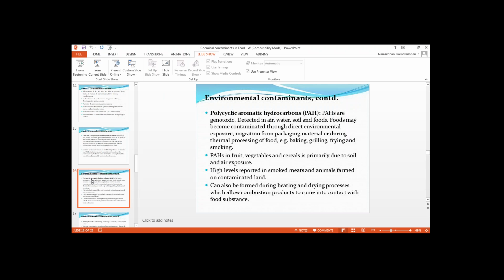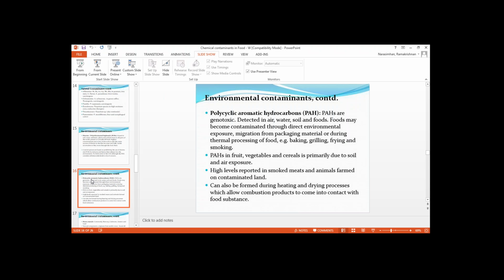Okay. And where can you find these chemicals? PAHs, for example, are found in petroleum and coal, and they can also be formed by the incomplete combustion of organic materials. Okay, and these compounds have been detected in air, water, soil, and food.